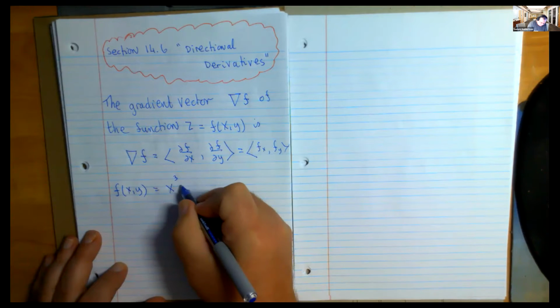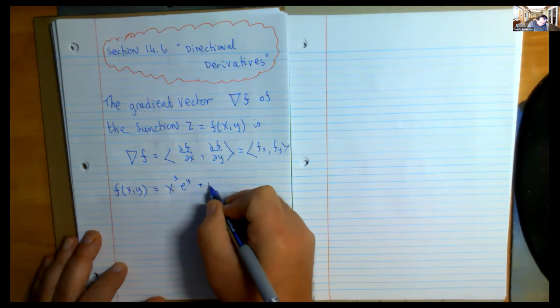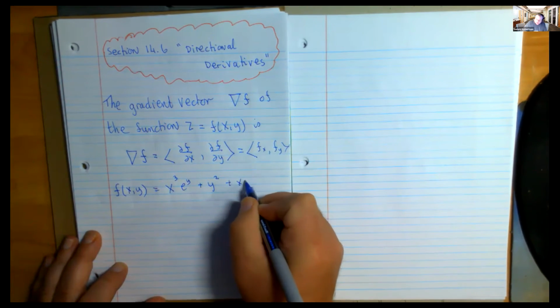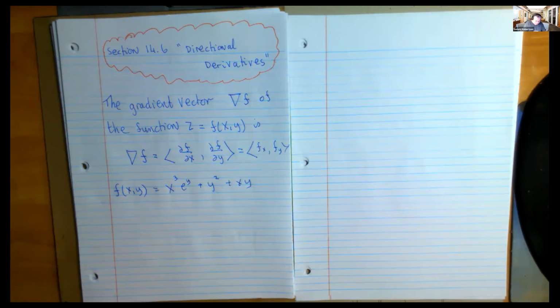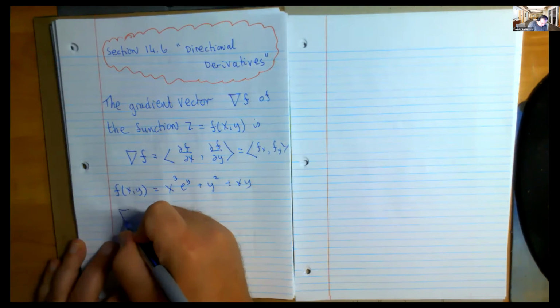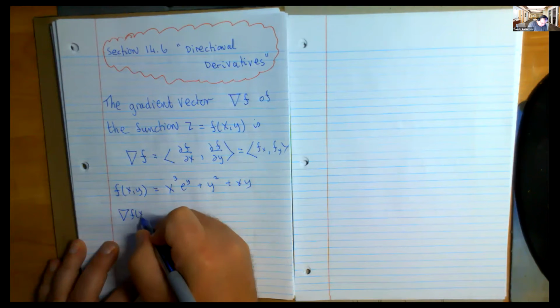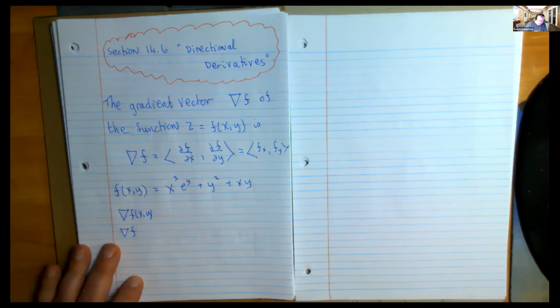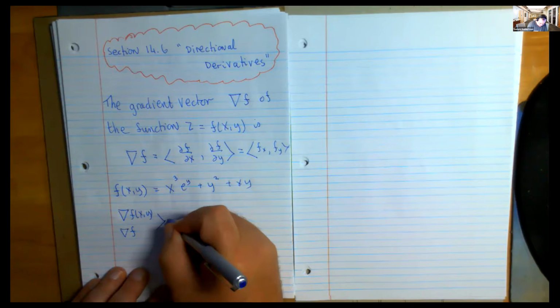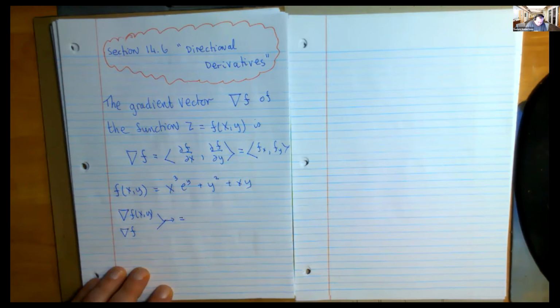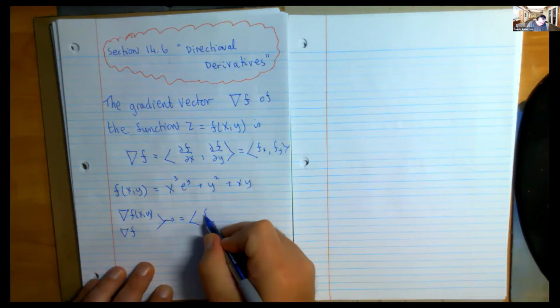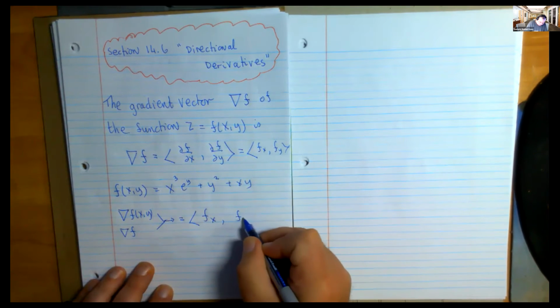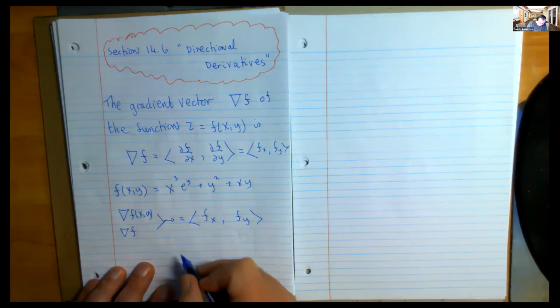Now, suppose that we had that function. If you wanted to get its gradient, sometimes they don't put the x, y, sometimes they do. It's the same thing. Then you differentiate with respect to x, and you differentiate partial derivative with respect to y.